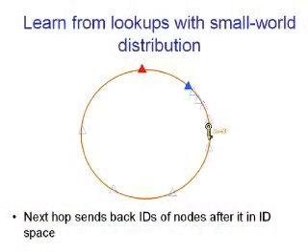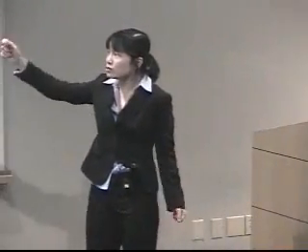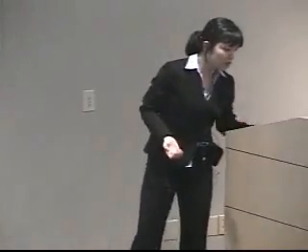It might not have a small world distribution, but if you look at the next hop you use, you are going to use more of the next hops that are close to you than far away. So here, this black node forwards the lookup message to the red node, and then the red node keeps forwarding the message by taking a next hop from its routing table. And so the next hop, that is the blue node, is going to keep forwarding the lookup message.